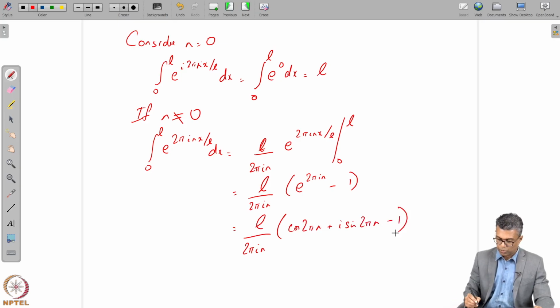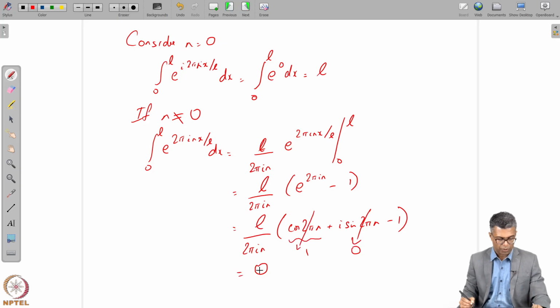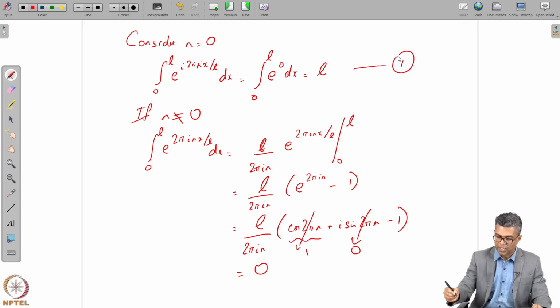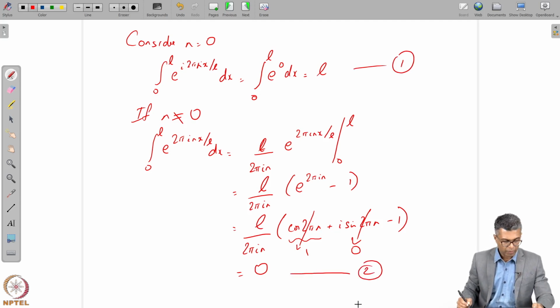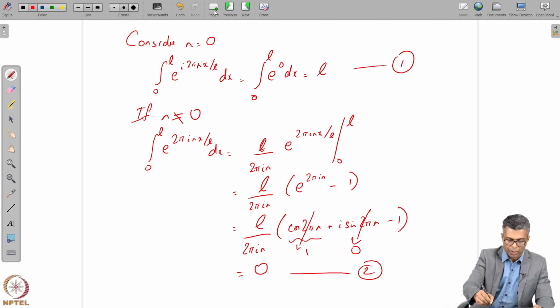So this is going to be 1, this is going to be 0, this is going to be 1, so 1 minus 1, your answer ends up becoming 0. So with n equal to 0 you get L, and with n not equal to 0 you get 0.